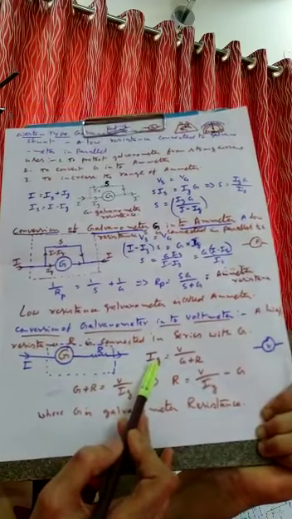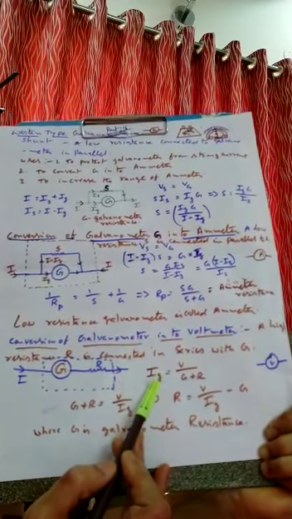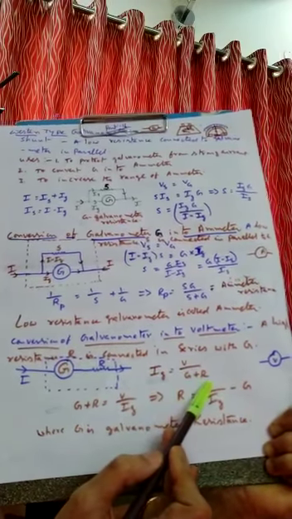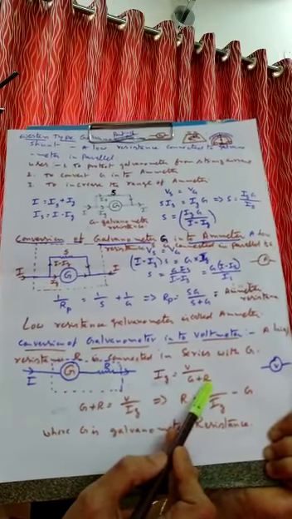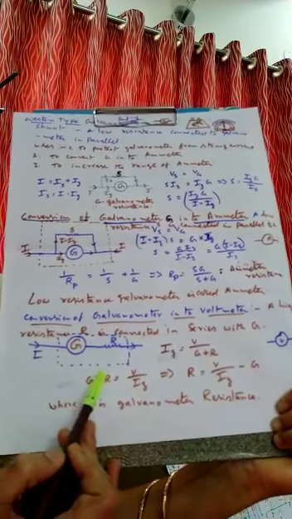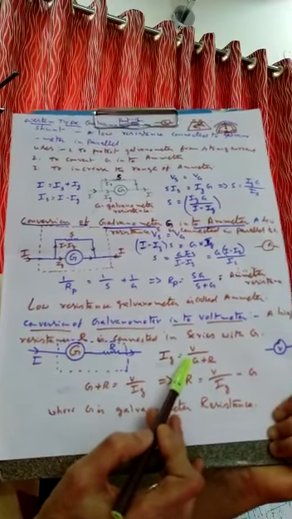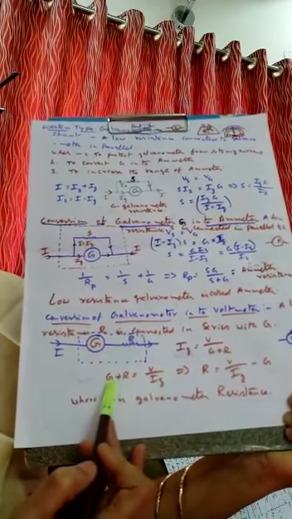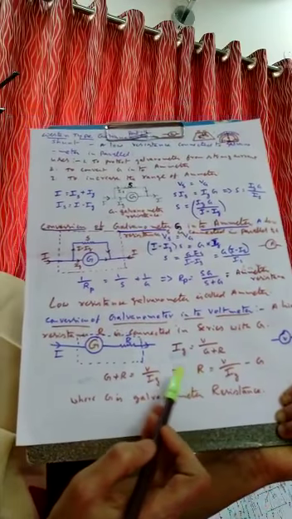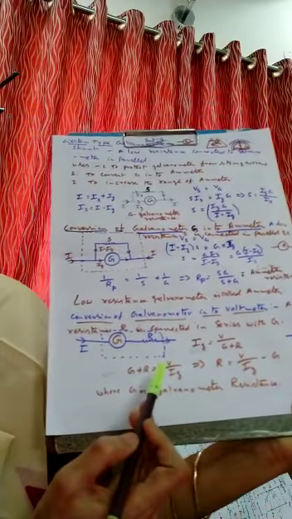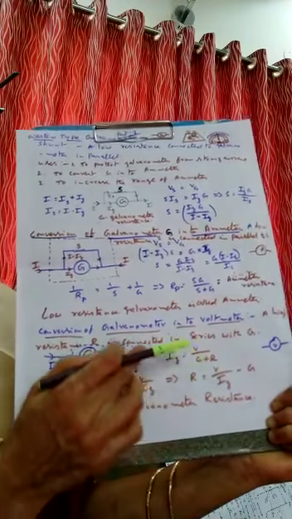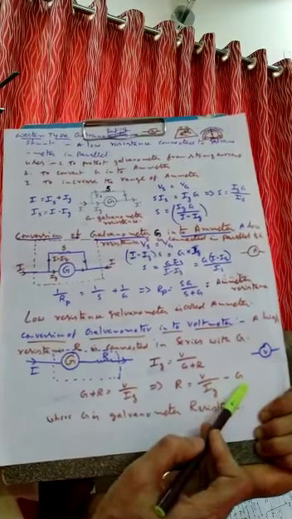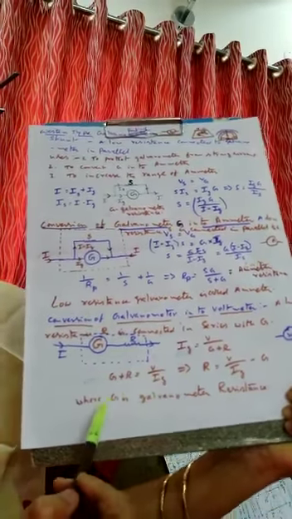Directly you can find the current flowing through the galvanometer: Ig is equal to V upon G plus R. The total resistance is G plus R. The effective resistance of the voltmeter is G plus R, where G is the galvanometer resistance and R is the high resistance connected in series. How much R is connected here? R is equal to V upon Ig minus G, where G is the galvanometer resistance.